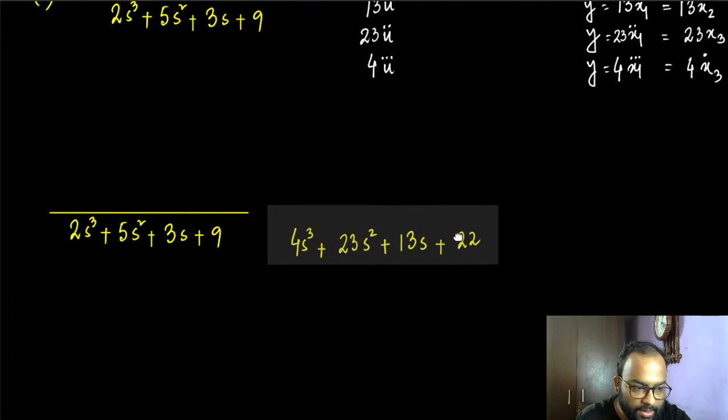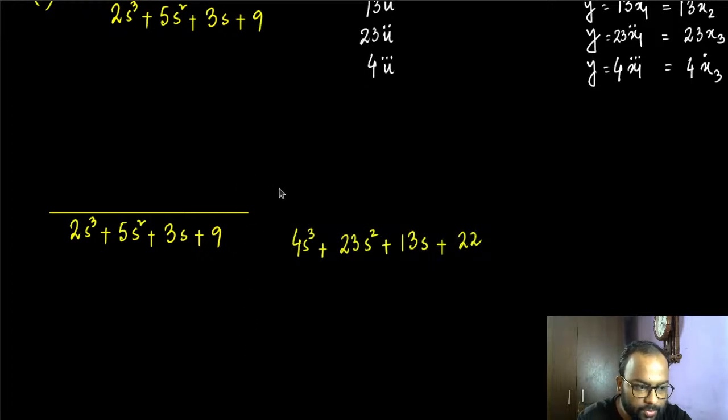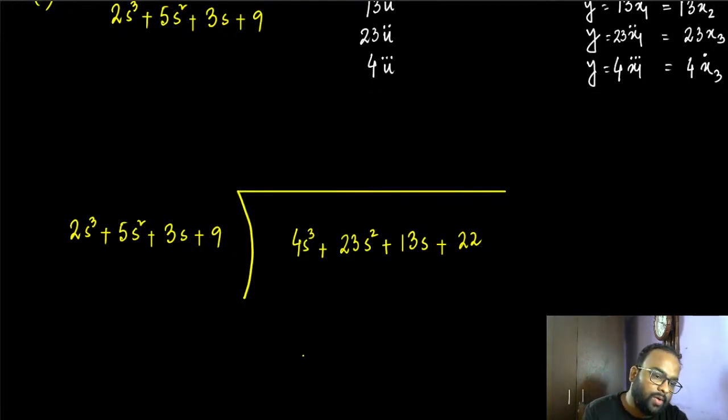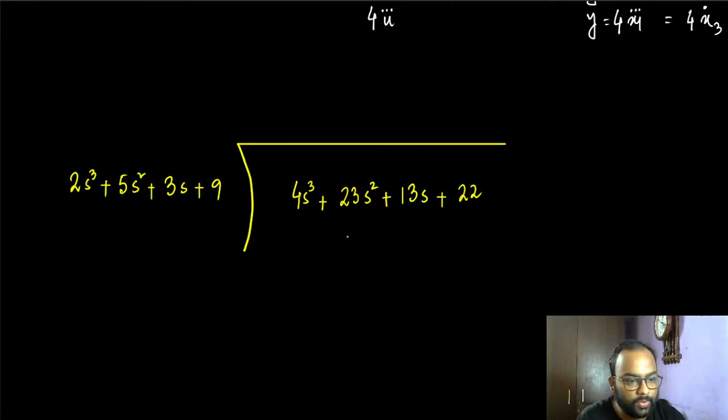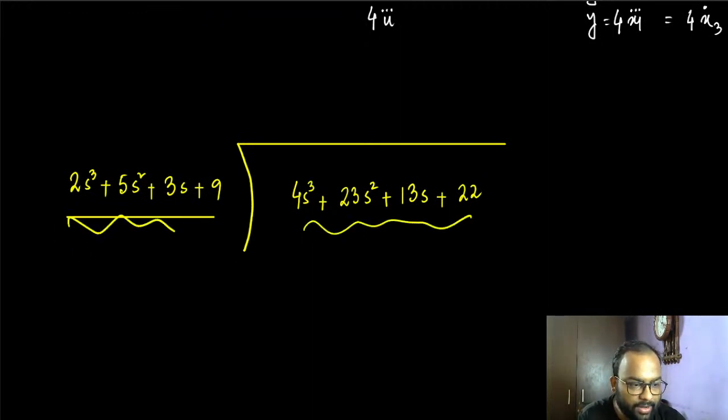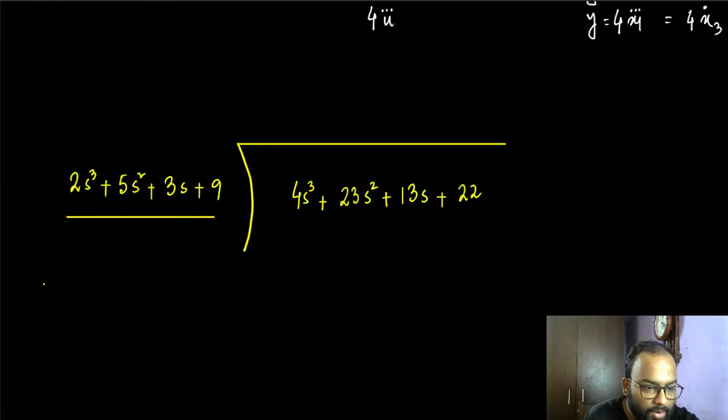We are doing some sort of a long division. How many of you remember long division from your childhood? So we are dividing this polynomial with this polynomial. All right, let's start the long division.